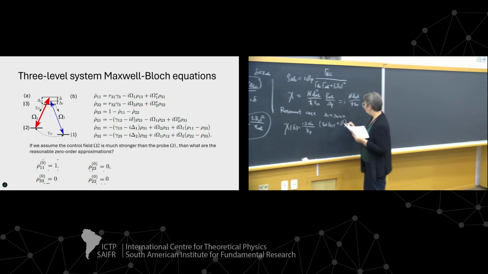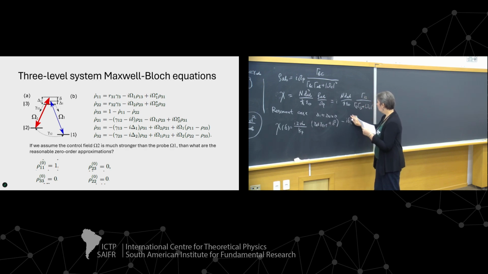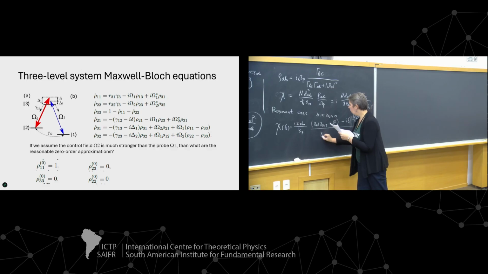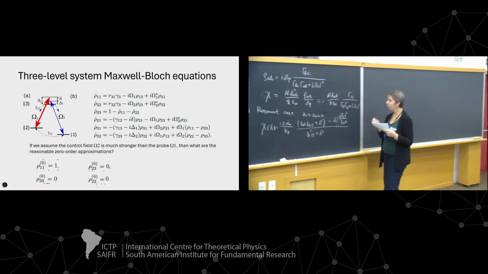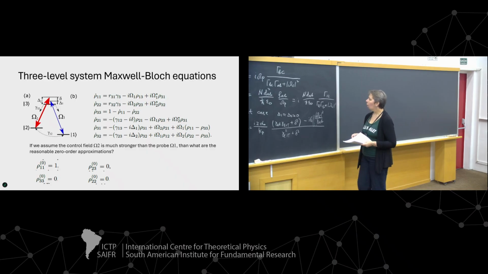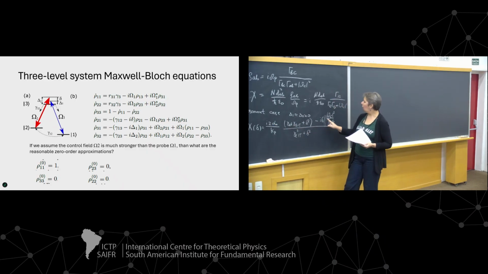So here we have delta squared, and this is the imaginary part minus the real part, minus i delta. And here we have omega control squared divided by gamma AB. And in the bottom, we have gamma EIT squared plus delta squared. Okay? You can already see that this part, because of this i, is the imaginary part, and this is the real part.